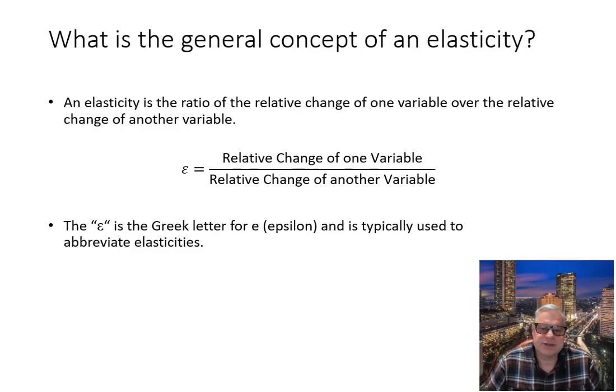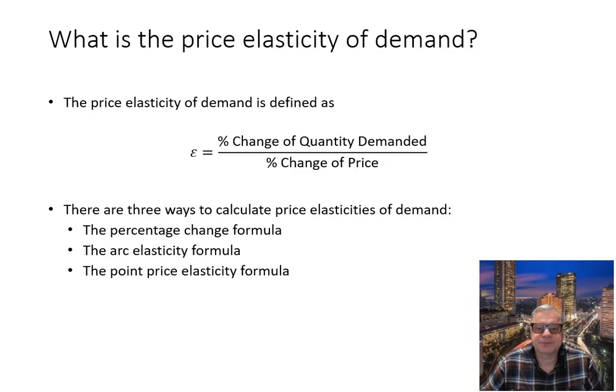An elasticity is typically abbreviated by that little epsilon, which is a Greek letter for E, and we typically use that to describe an elasticity. So it is the relative change of one variable over the relative change of another variable.